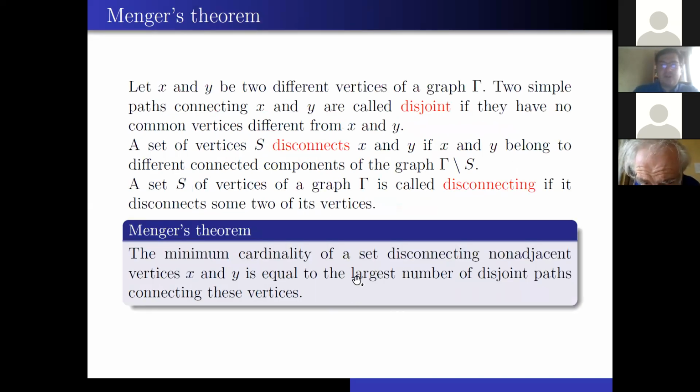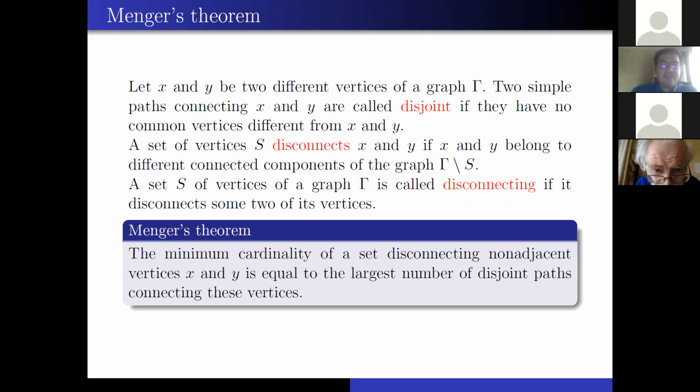And let me show Menger's theorem, which will be used for finding vertex connectivity of the graphs I will talk about later. Let x and y be two different vertices of a graph gamma. Two simple paths connecting x and y are called disjoint if they have no common vertices different from x and y.